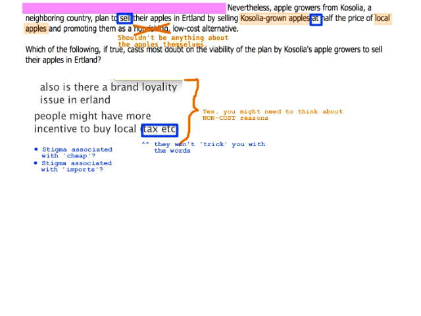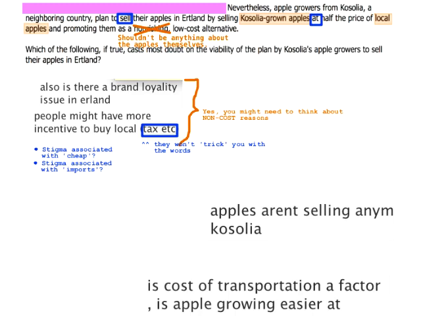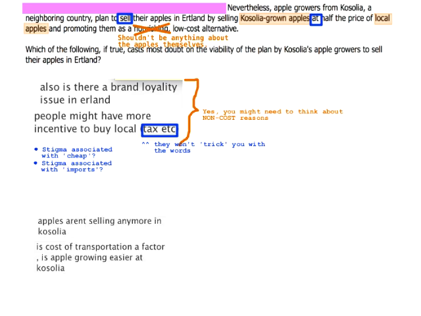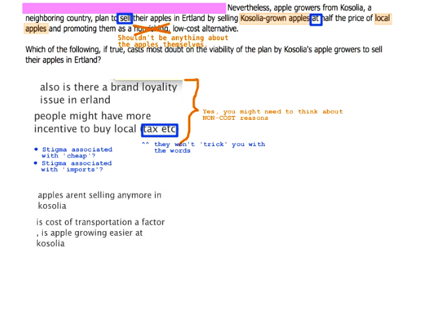Now, see, here's the thing. Let's talk about a couple of things that are not things. So you don't need to think about this stuff. I mean, anything going on in Kosolia is totally irrelevant. We don't care at all.